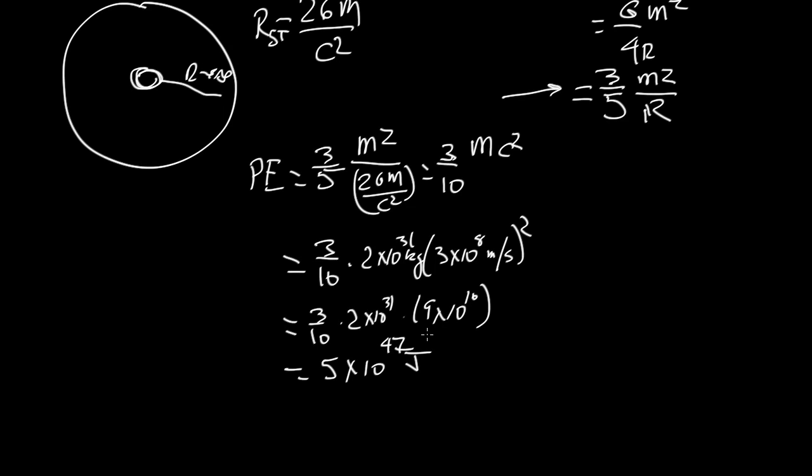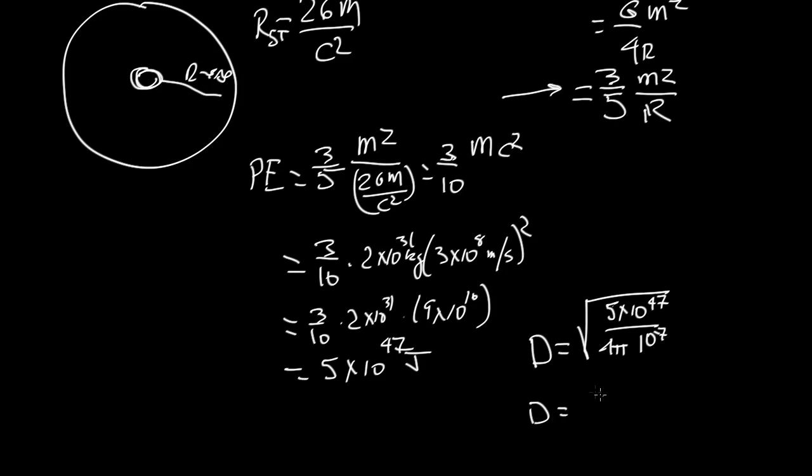And using the same formula that we had before, given the fluence that we observe for an object, we can estimate that the distance to these things is going to be equal to the square root of the energy, which is 5 times 10 to the 47, divided by 4 pi times the fluence, which is 10 to the minus 7.